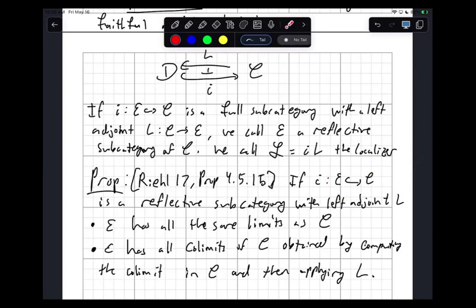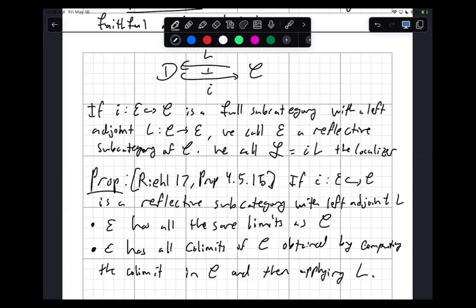But if it's reflective, it turns out that the way you construct limits in E is exactly the same as the way you construct limits in C. However, to construct a colimit in E, you first move the diagram into C, take the colimit there, and then apply L. Now you have a colimit in E. Okay. So that's why reflective subcategories are important categorically. That's what I wanted to say there.